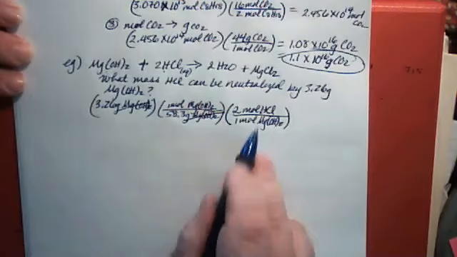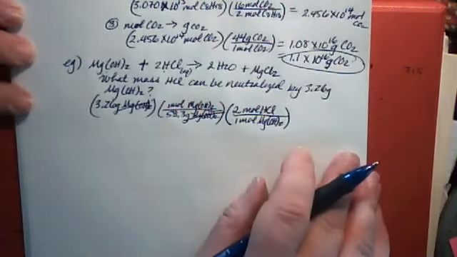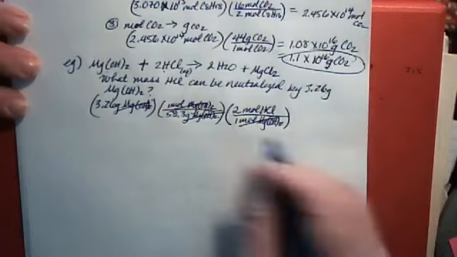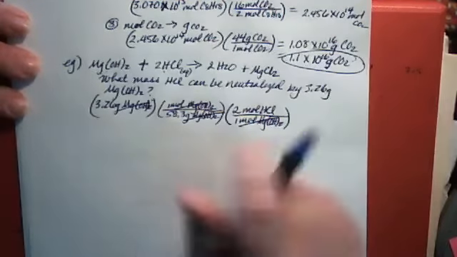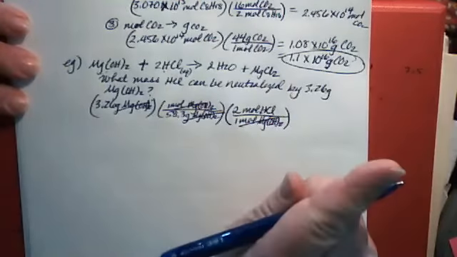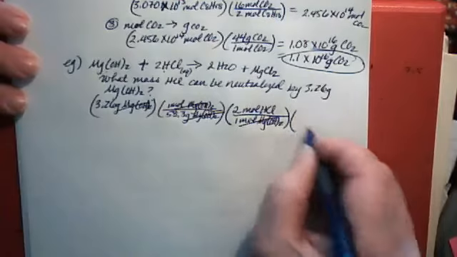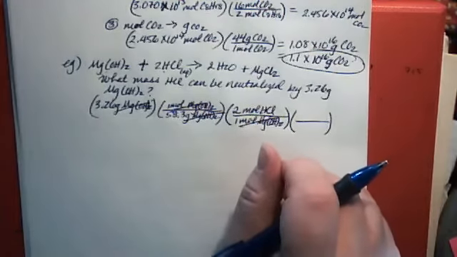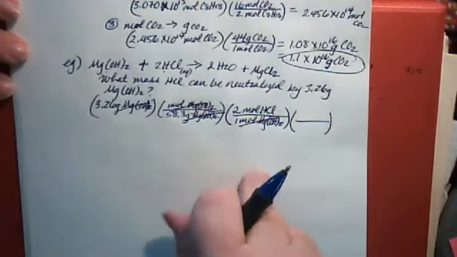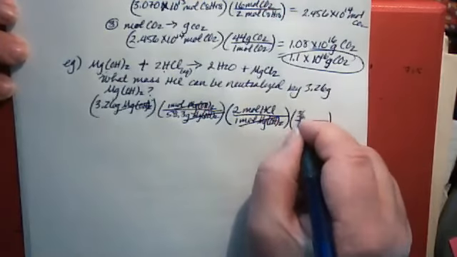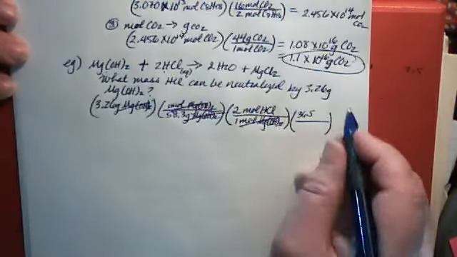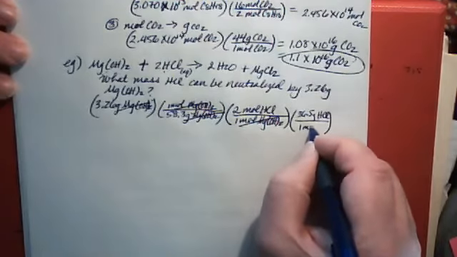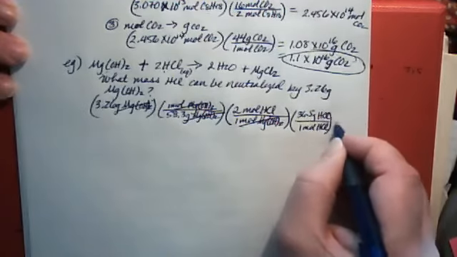There's 2 moles of HCl for every 1 mole of magnesium hydroxide. So now moles of magnesium hydroxide cancel out, and we would have moles of hydrochloric acid, but we want mass of hydrochloric acid. So you go to the periodic table and find the mass of each mole of hydrochloric acid by adding up the mass of 1 hydrogen and 1 chlorine. You get 36.5 grams of hydrochloric acid for every 1 mole of hydrochloric acid.